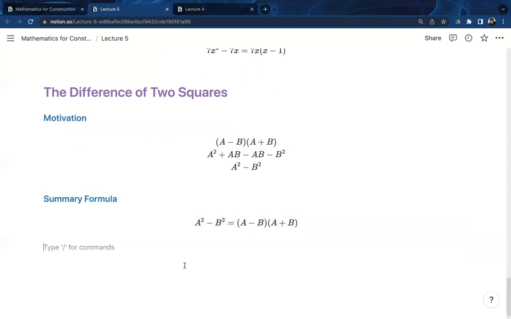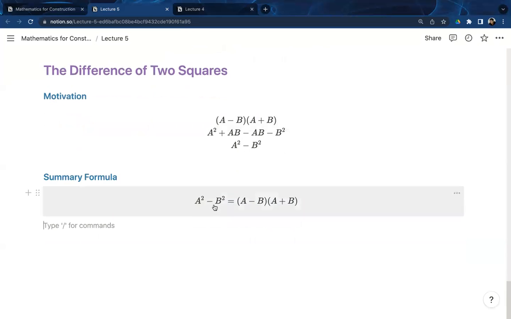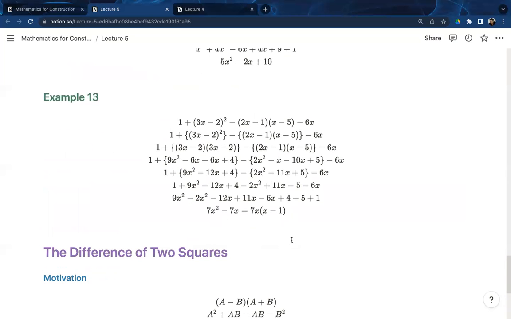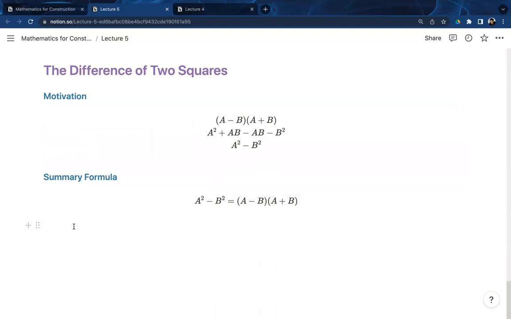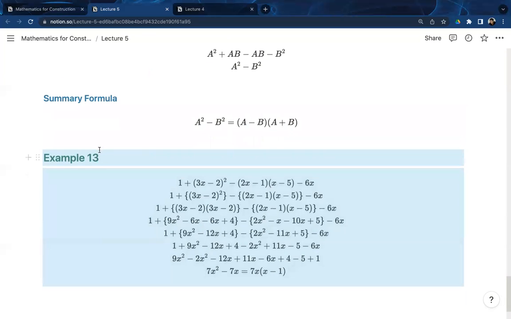So as a summary formula: anytime you see a difference of two squares, the first square, you take that term A, and the second square, you take that term B. You multiply two brackets, so you subtract them and you add them. It doesn't matter the order. You could add them and then multiply by the difference, right? Let me give you some examples here.